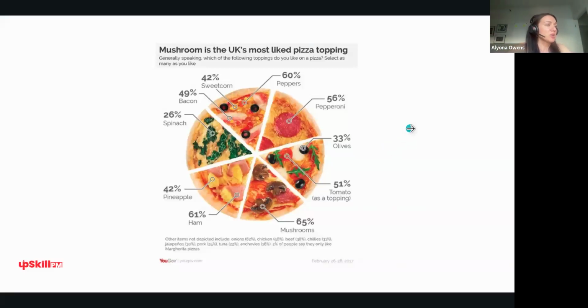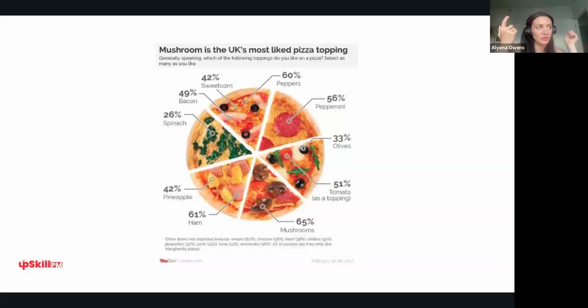And then here's our pie chart, except it's a pizza pie. I hope you're not super hungry, but it's mushroom is the UK's most liked pizza topping. So look at these numbers and say, knowing what you already know, the wrong things about it. The first one: the proportion is incorrect.